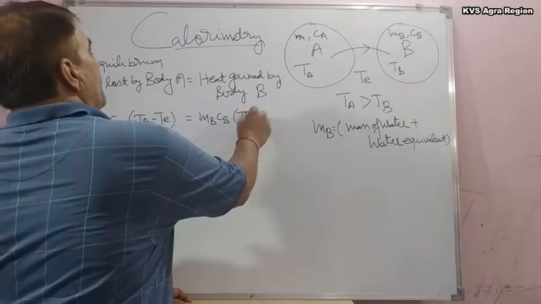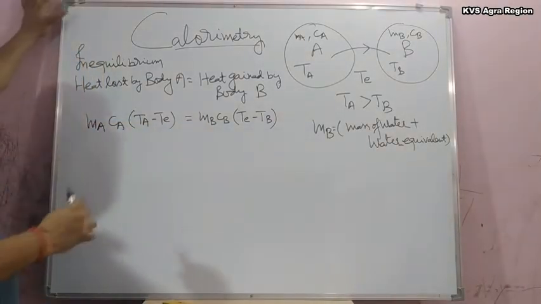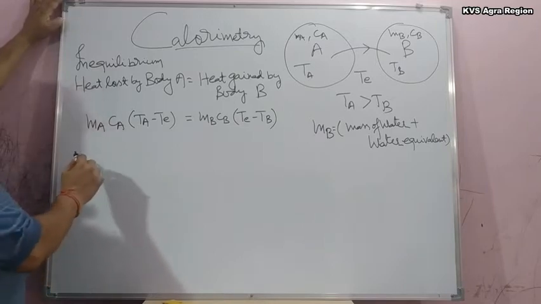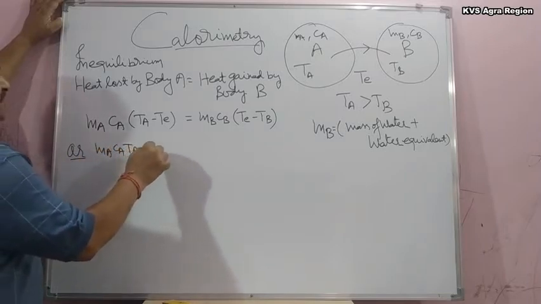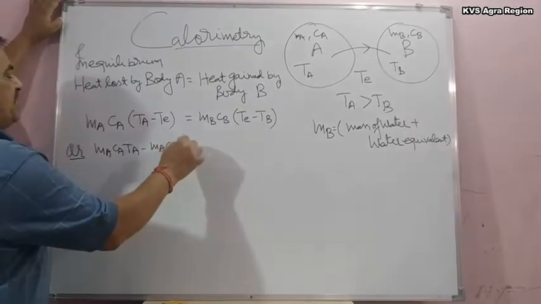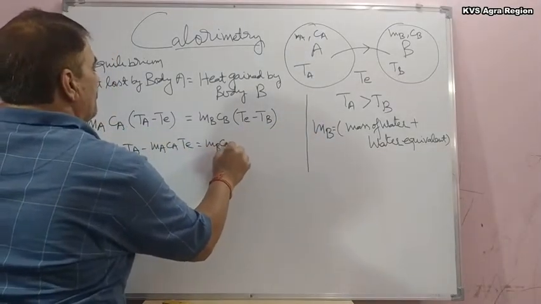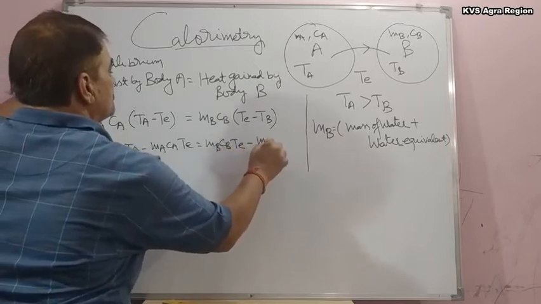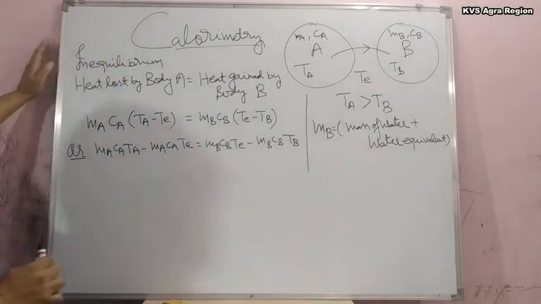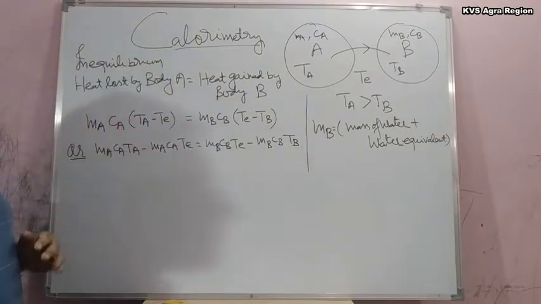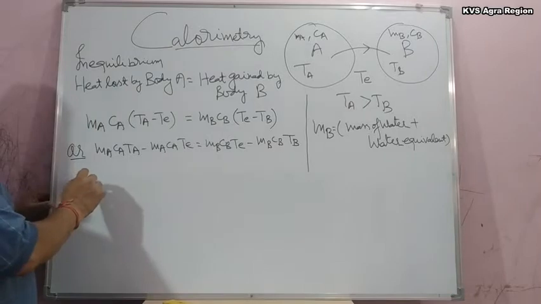So TE minus TB will be the gain in temperature on account of heat gained by body B. Or it will be MA CA TA minus MA CA TE equivalent to MB CB TE minus MB CB TB.